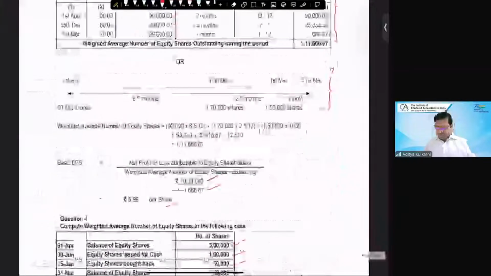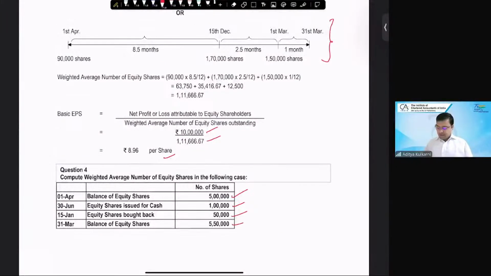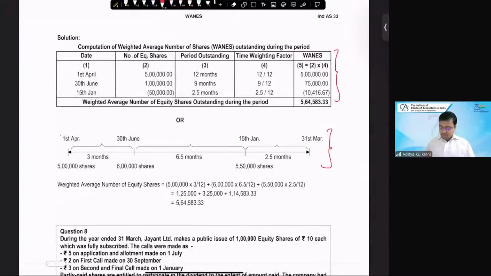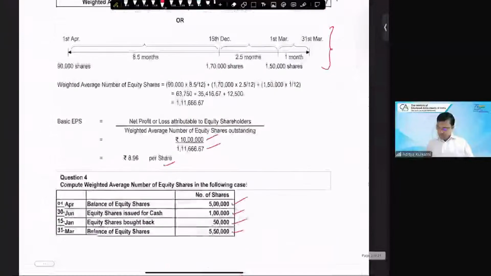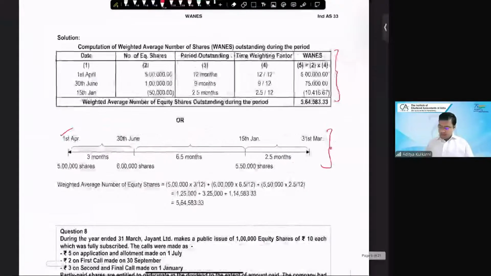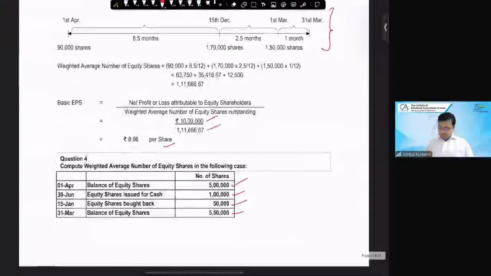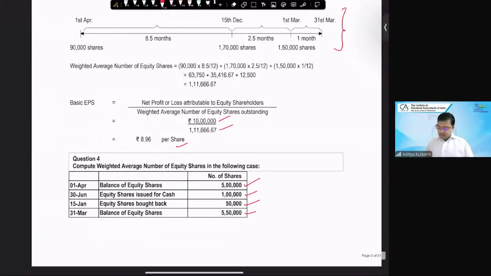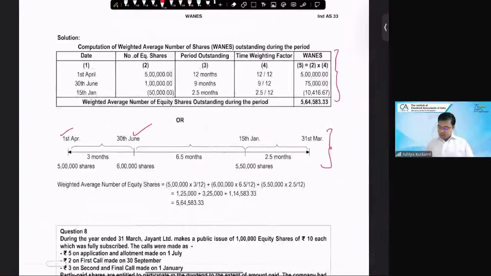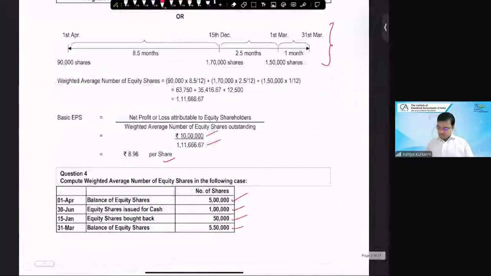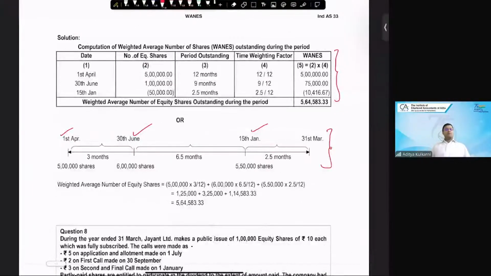So 5 lakh on 1st of April, then 5 lakh becoming 6 lakhs on 30th of June. On 15th January, 50,000 bought back, so 6 lakh falling to 5 lakh 50,000. That's it.